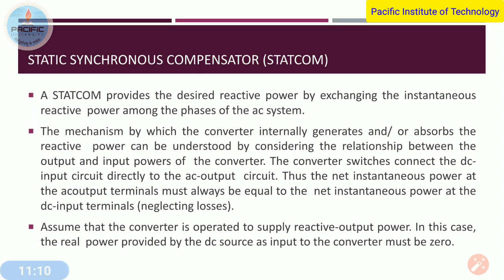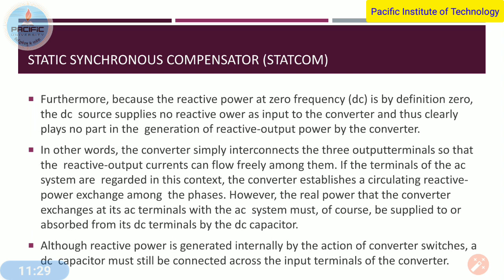Now, assume that the converter is operated to supply reactive power output. In this case, the real power provided by the DC source as input to the converter must be zero, because the reactive power at zero frequency, that is DC, is by definition zero.